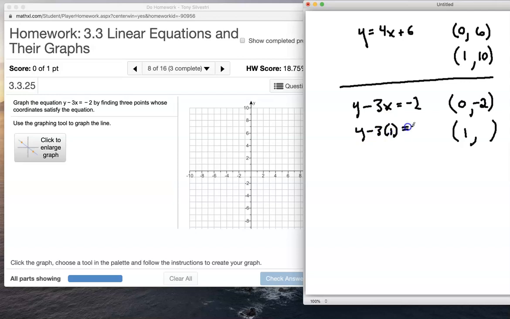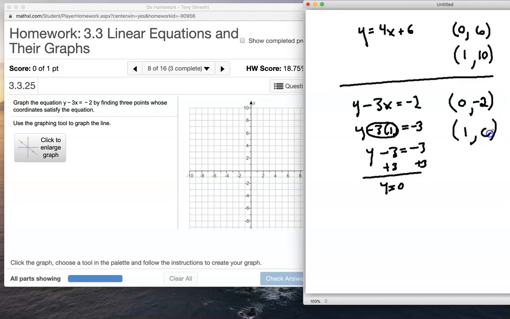Always do it with parentheses. Otherwise, it looks like 31. It looks like you got to multiply these two guys here. You don't need a calculator for that because it's minus 3 equals negative 3. And then to solve for y, you have to add 3 to both sides. Looks like I've got y equals 0. Those are your 2 points.